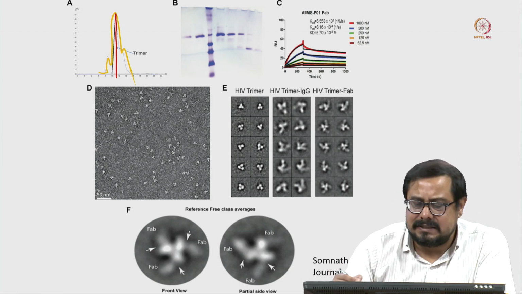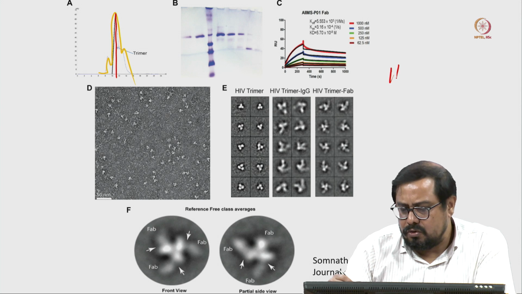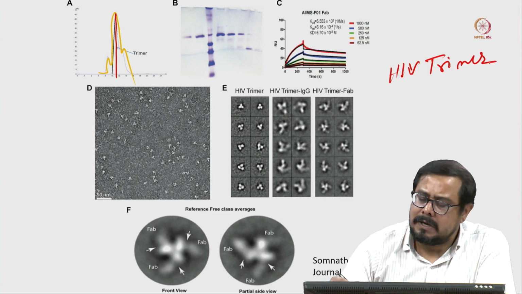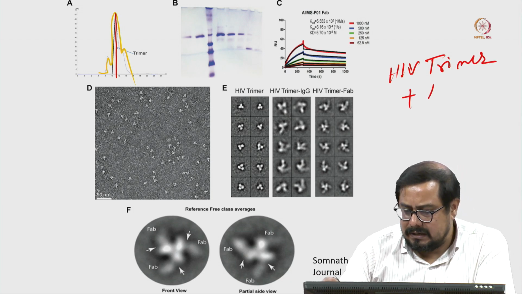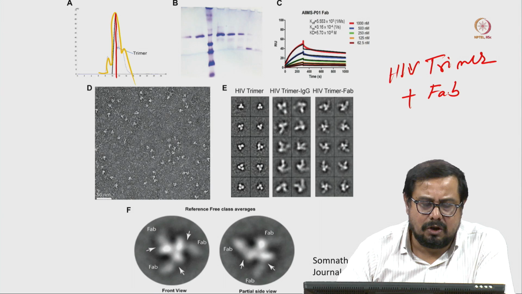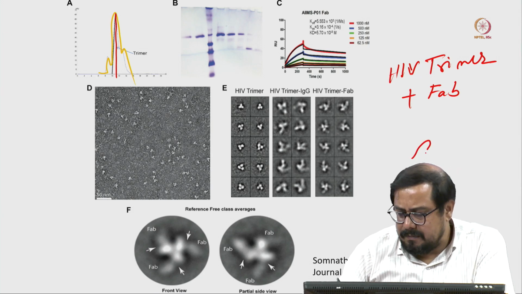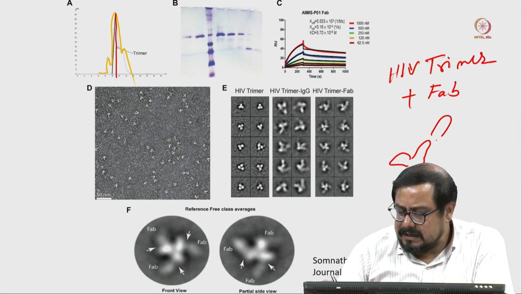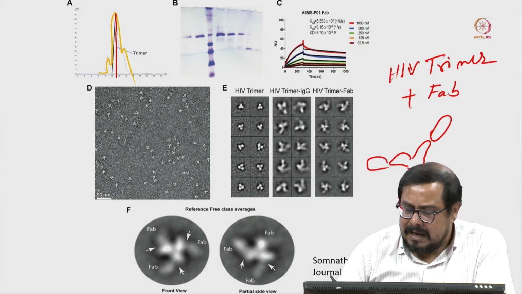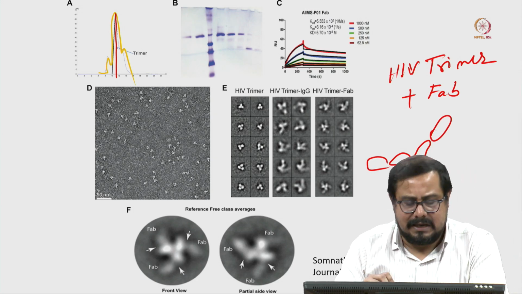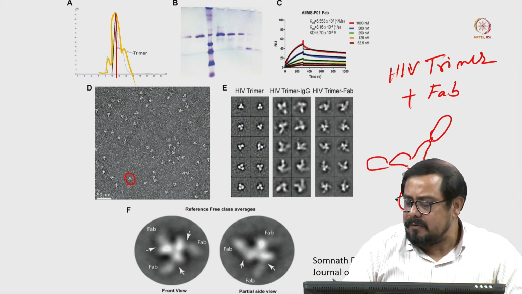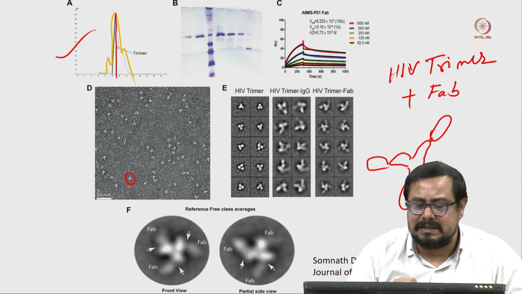Consider this is an HIV trimer, and we incubated this HIV trimer with the Fab fragment. The HIV trimer is interacting with the Fab, and we isolate that. We perform this reaction with the HIV trimer and then we perform the SEC purification.